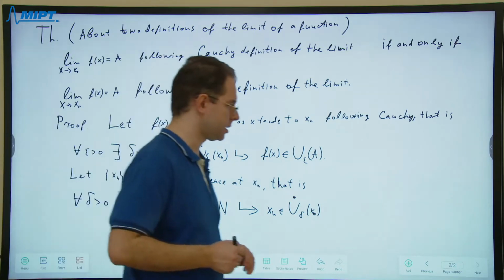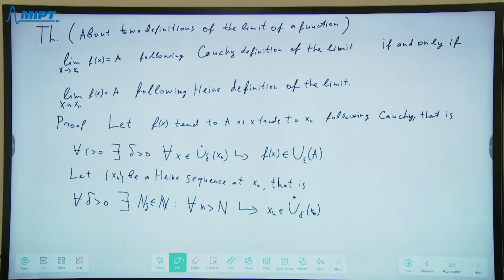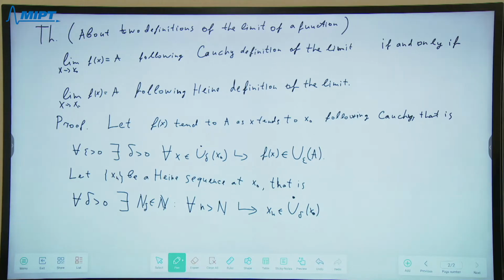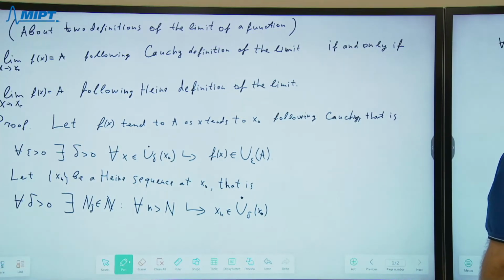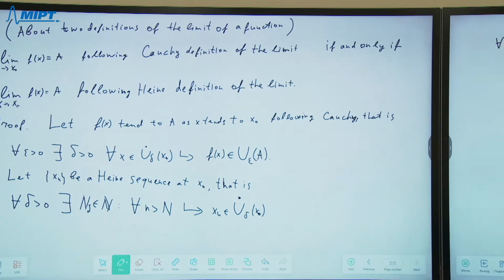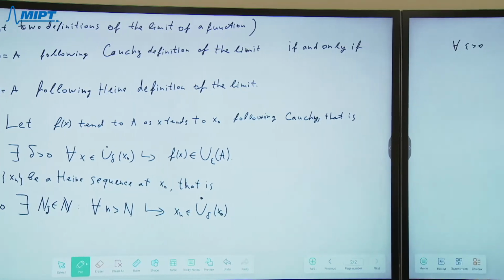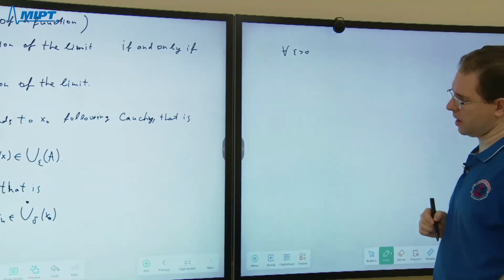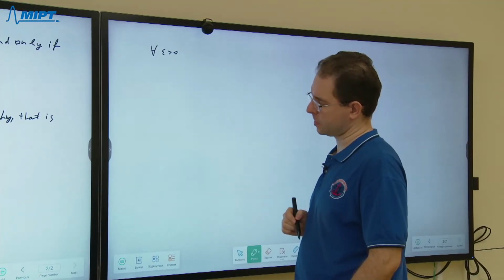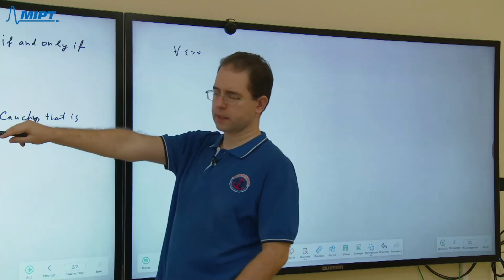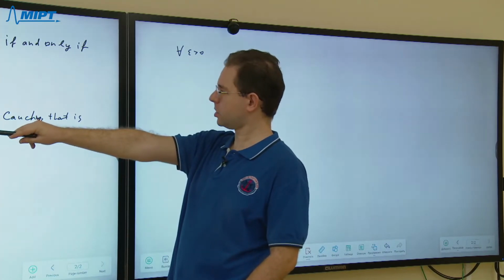Okay, let's go on. Now, for any epsilon greater than 0, I will take that delta from the Cauchy definition.